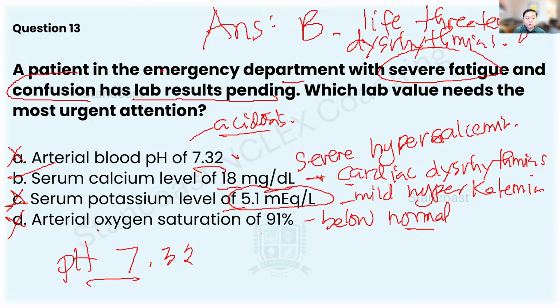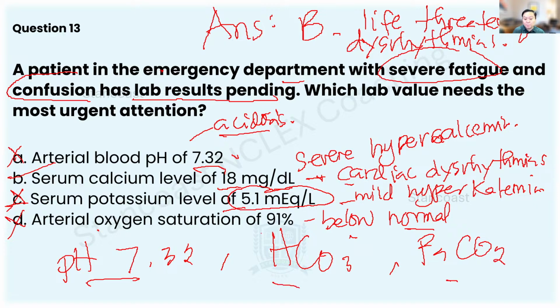You need more information on the bicarbonate. What else? You need to have information about the partial pressure of the carbon dioxide because we need to know if there is compensation or not. So basically with just that information, it will still require more investigation. You got to look at some of those other lab results.